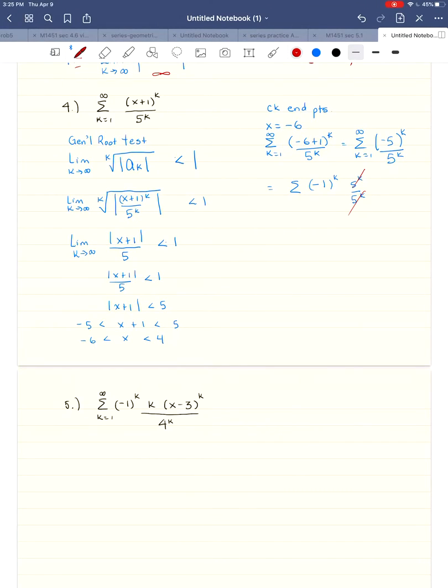From k is 1 to infinity, (negative 1) to the k is going to look like negative 1, positive 1, then add a negative 1, then add a positive 1. So this thing is going to diverge because its limit doesn't go to 0. Negative 1 plus 1 plus negative 1 plus 1 plus negative 1 plus 1. So that endpoint is going to be open.